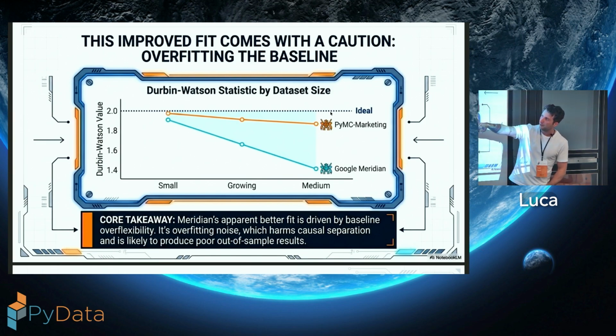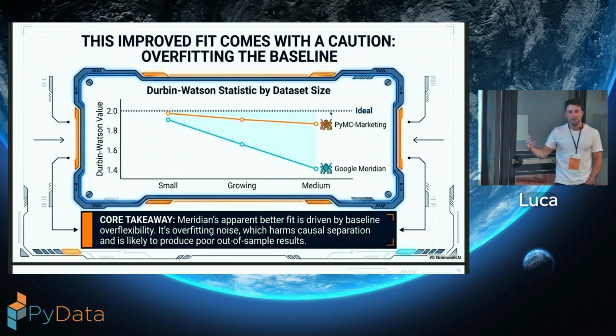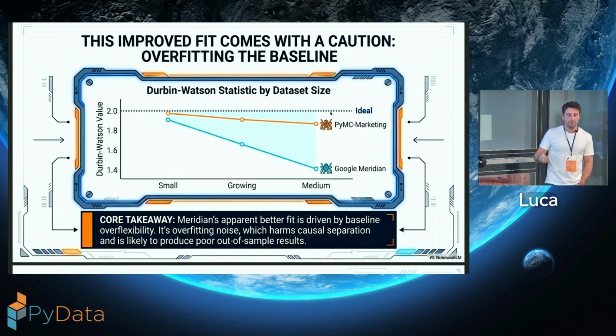As you can see, for PyMC-Marketing the Durbin-Watson remains about the same as you scale the size of the data sets, while for Meridian, the Durbin-Watson, which is a number that should be close to 2, gets lower, and the lower it gets, the worse it is, telling you that there is still some missing component in the data as you scale up, because they're still missing this kind of seasonality.